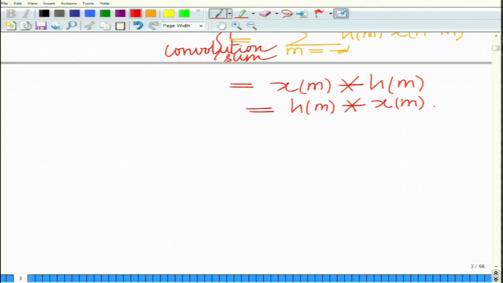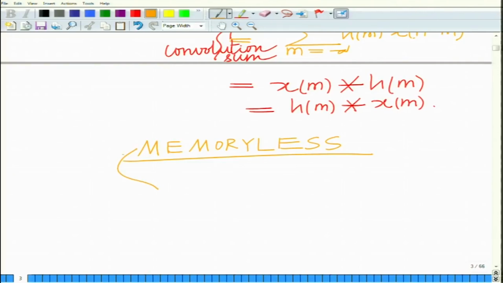For instance, a memoryless discrete LTI system, in which the output depends only on the current input and does not depend on the past or the future inputs, is characterized by an impulse response h of n equal to k times delta of n.